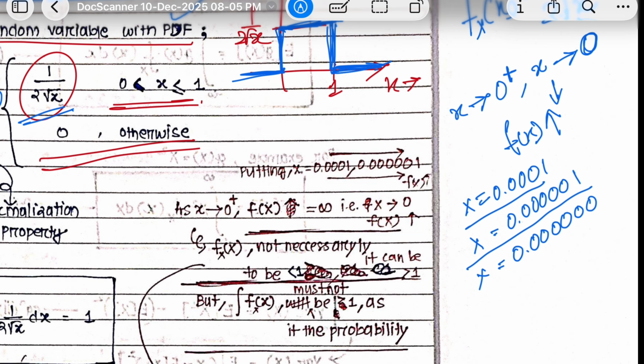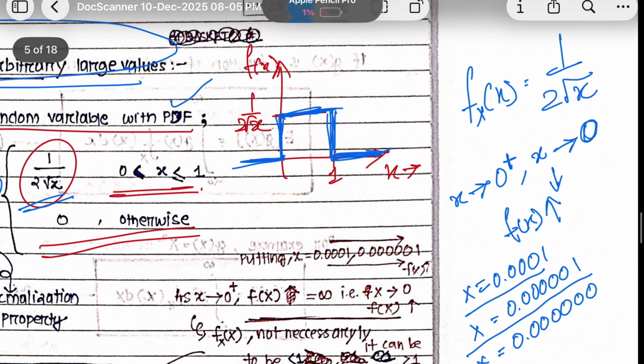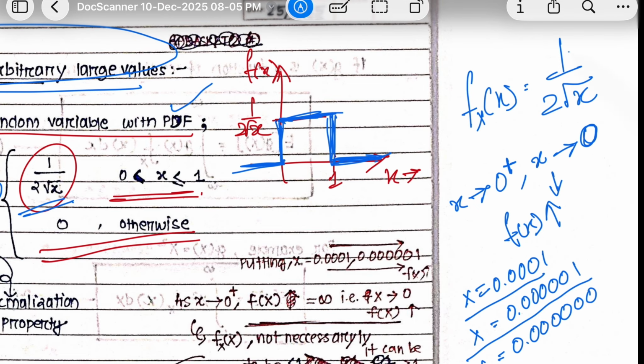I think you have checked the first condition. Now check with the second. You will get some value of f of x. When you put these values into f of x, you get some values.